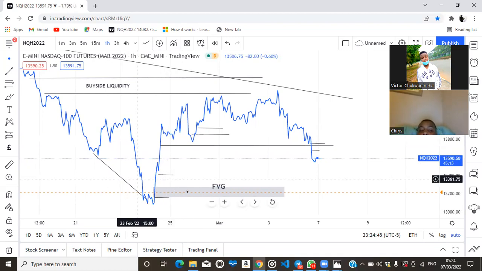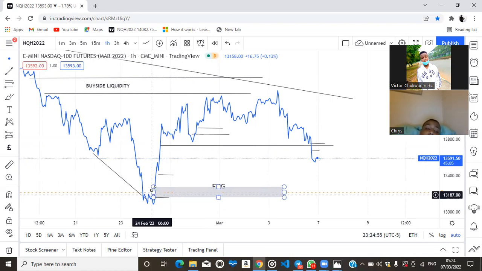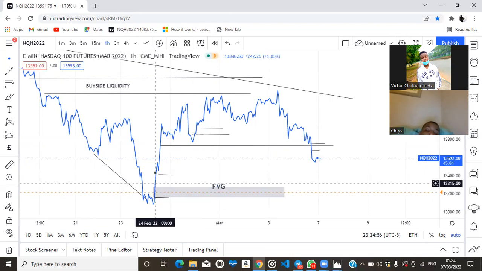Now you can see around this point there's no down candle. At this point of my FVG you can see how price kept pushing up. No sell candle, just buy candle.